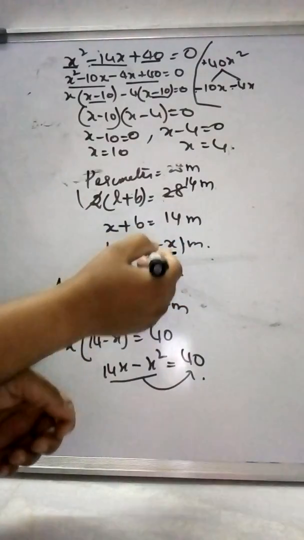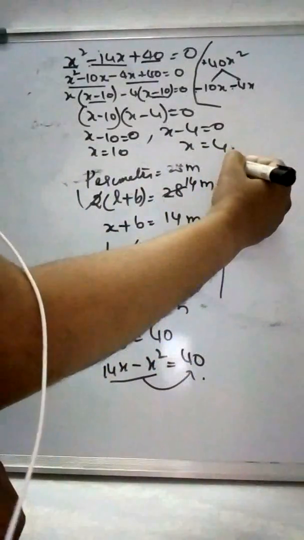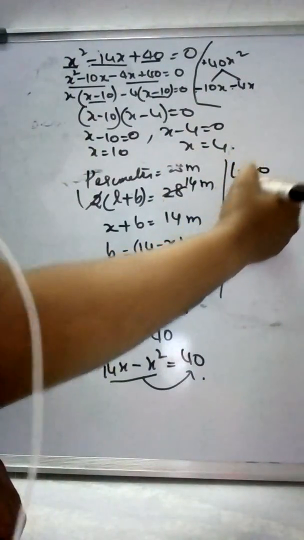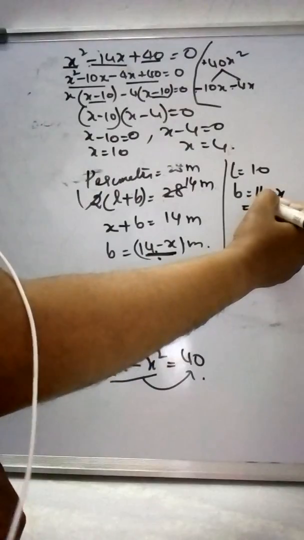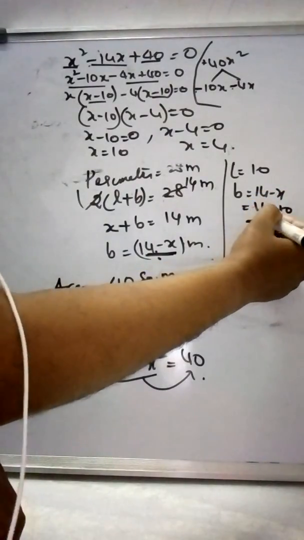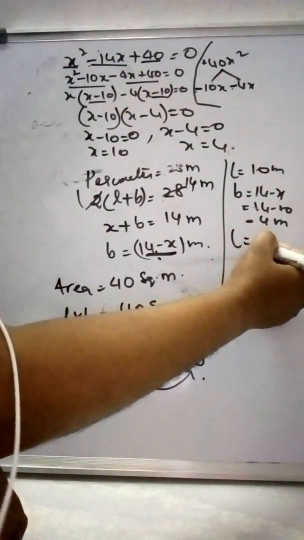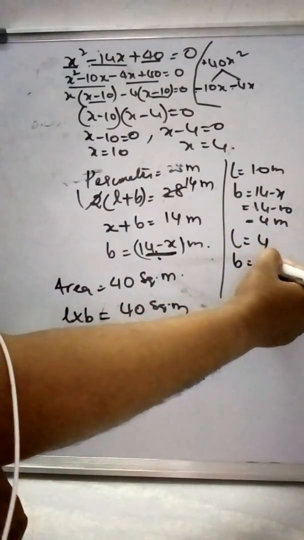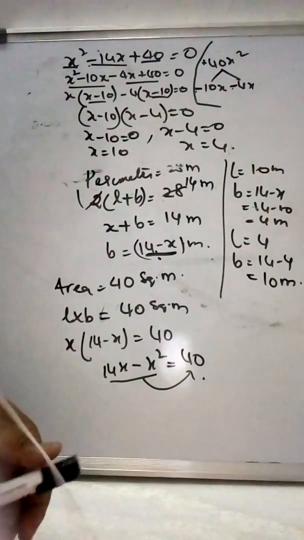See, here it is 14 minus x. So I am writing here, if L is equals to 10, b is equals to 14 minus x, that is 14 minus 10, which is equals to 4 meter. And if L is equals to 4, b is equals to 14 minus 4, that is equals to 10 meter.